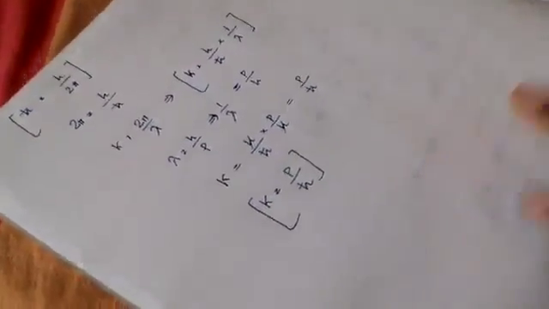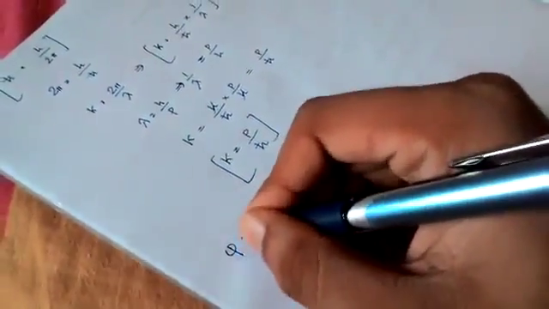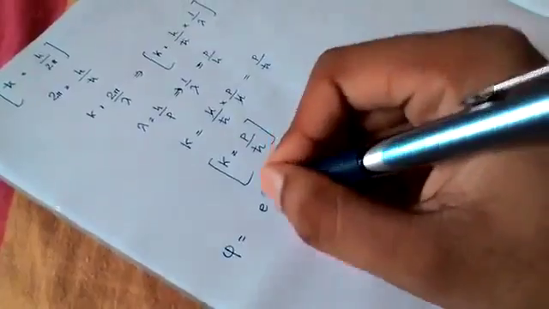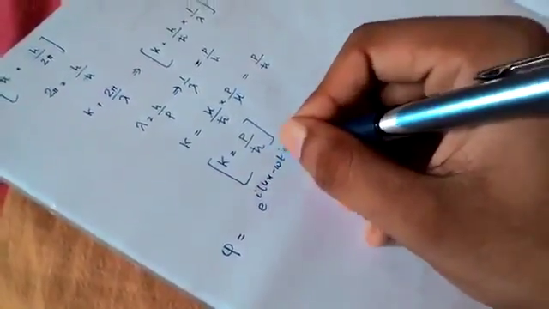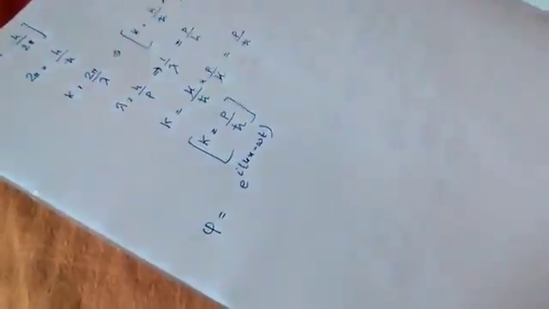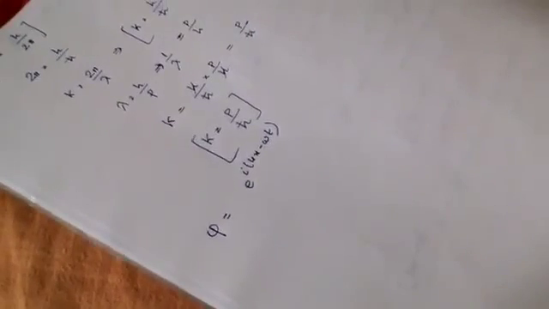Now we again consider the wave function psi equal to e to the power i(kx minus omega t), and with this we are going to derive the time independent Schrodinger equation. We differentiate with respect to x, not with time.